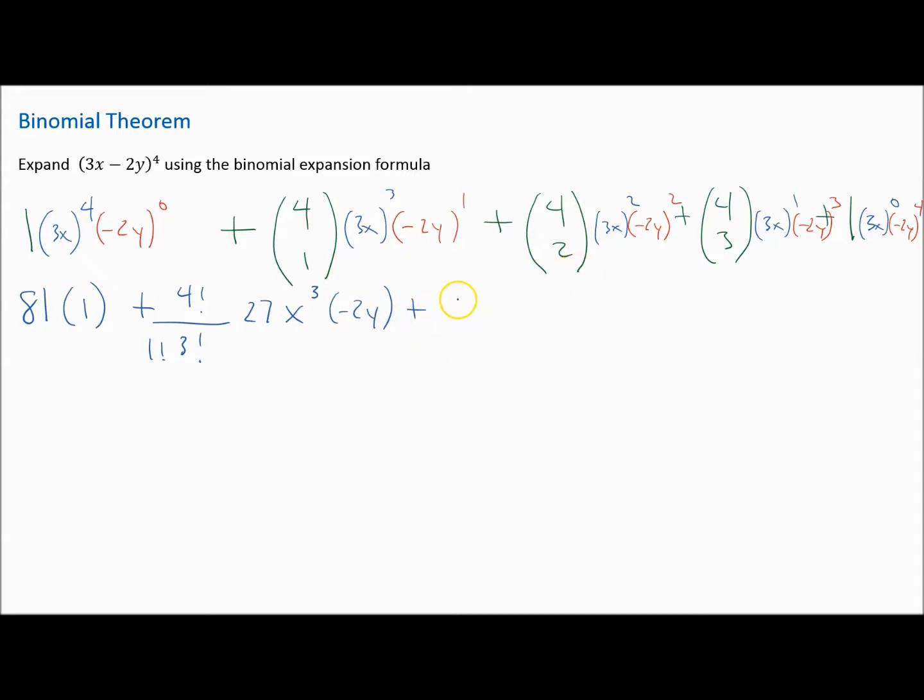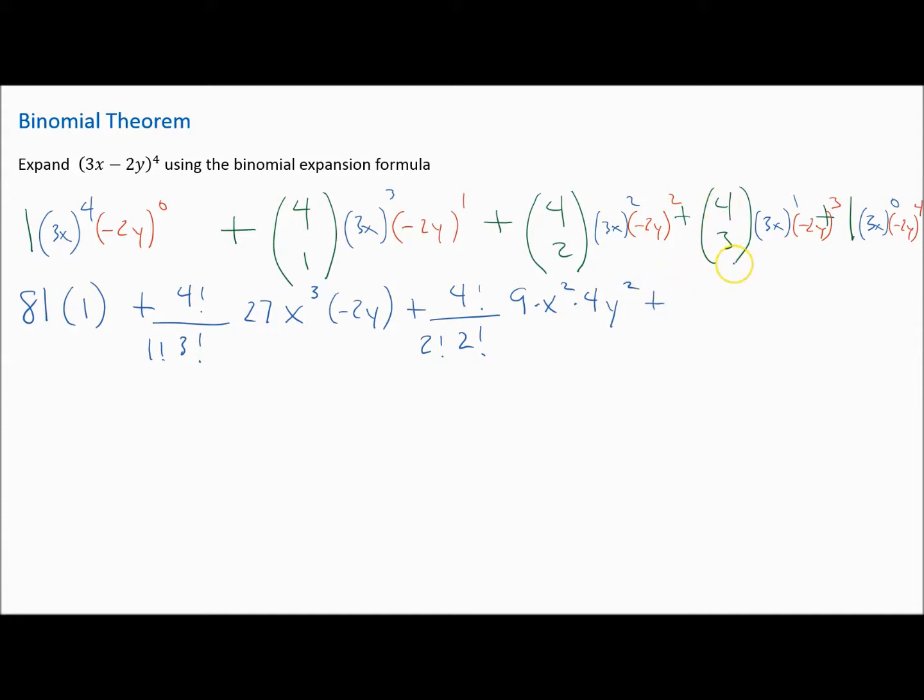Plus 4 choose 2. That's 4 factorial over 2 factorial, and then subtract them, times another 2 factorial. Then I do 3x all squared, so that means 3 squared is 9, times x squared is x squared. Negative 2y squared, negative 2 squared is 4, and y squared is y squared.